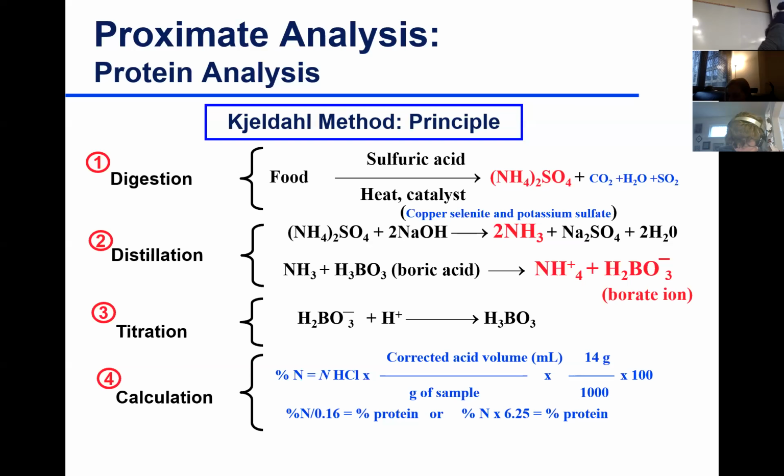So what you get then is your ammonium borate. Now it's basic. So what you do is you titrate your ammonium borate with HCl back to boric acid. So we go from yellow to, at the last drop, turning it pink.